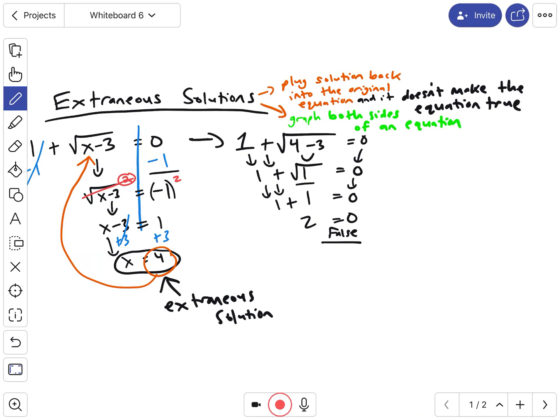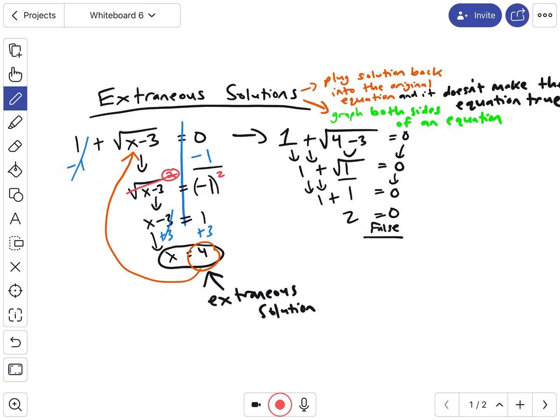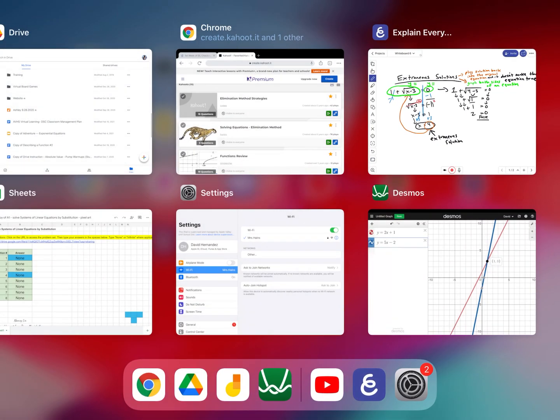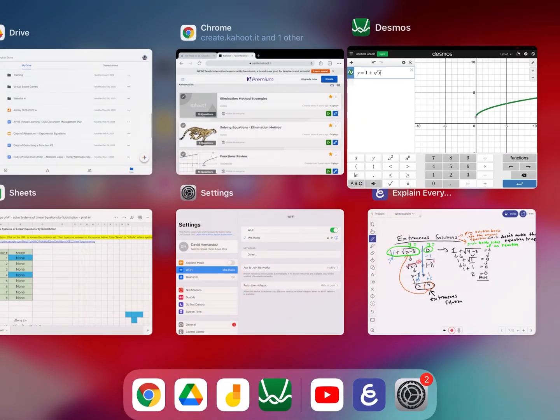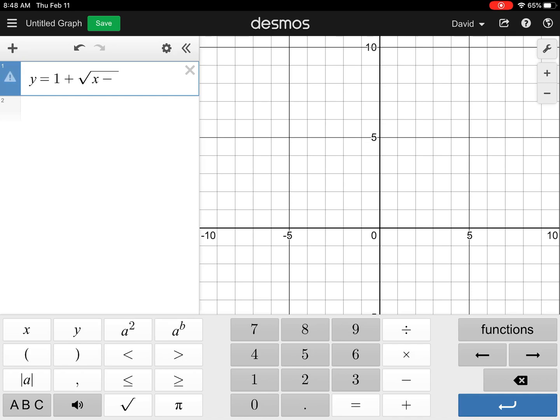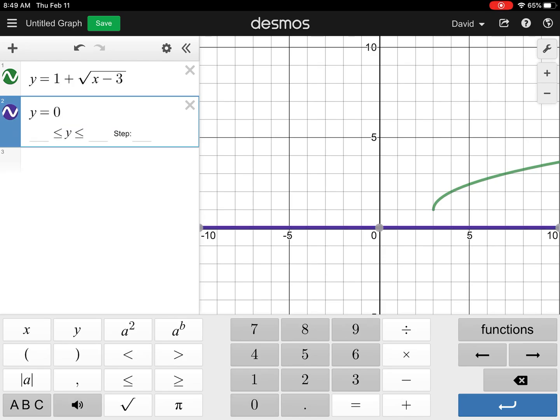Now if I graph the original, y equals 1 plus the square root of x minus 3, and y equals 0, let's see what happens. The x minus 3 is under the radical, so the x minus 3 is the radicand, and then y equals 0.